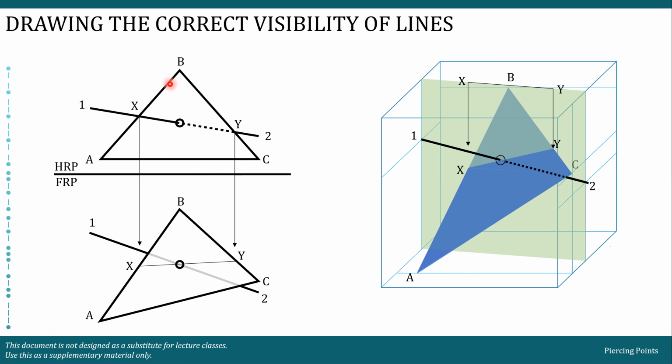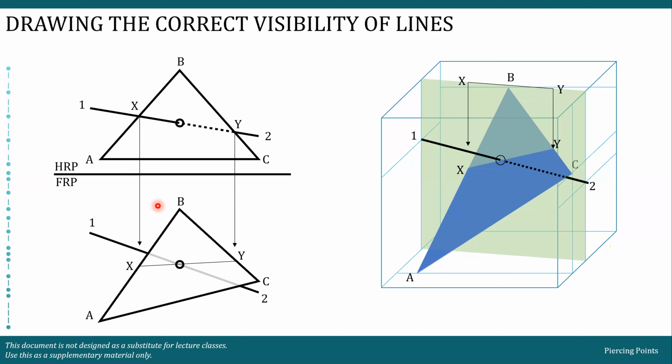Tama? Ngayon, titignan nyo siya pababa. Kung ano yung una nyong makitang element between the two, anong una nyo makikita? 1, 2, or AB? Kung sino yung una nyo makita, ibig sabihin siya yung nasa mas malapit sa inyo. So kung siya yung mas malapit sa inyo, that would be the visible part.